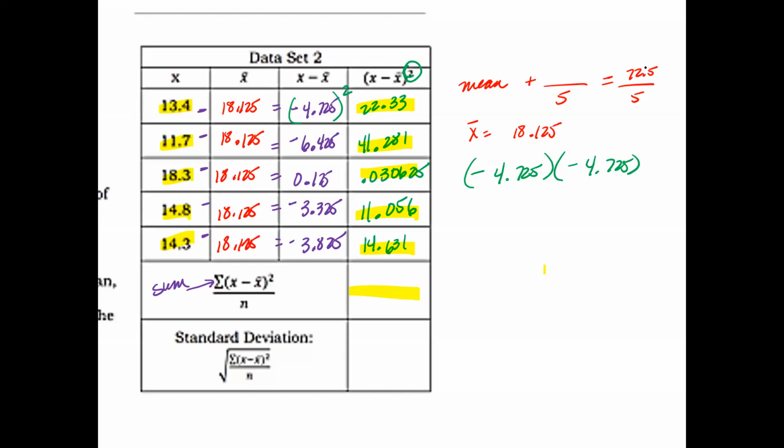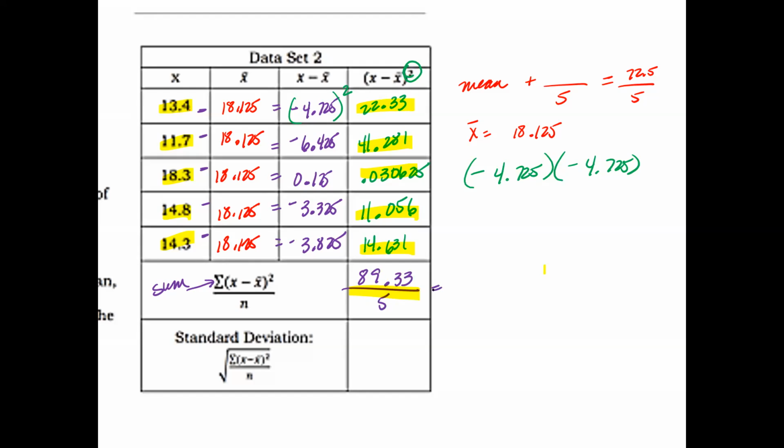So let's take a look at what the total is going to be. We're going to do 22.33 plus 41.281 plus 0.030625 plus 11.056 plus 14.631. Altogether, your sum is going to be 89.33 divided by n. Your n, remember, is 5.